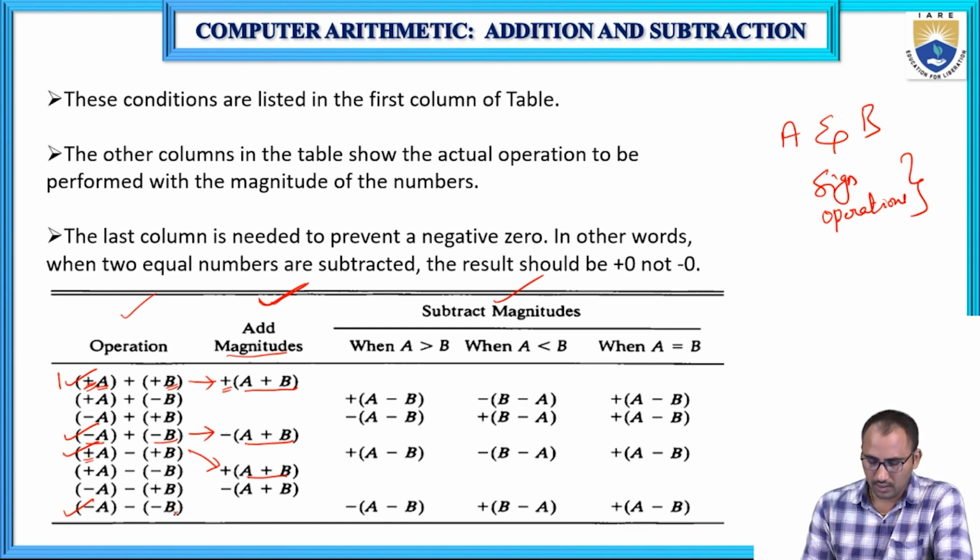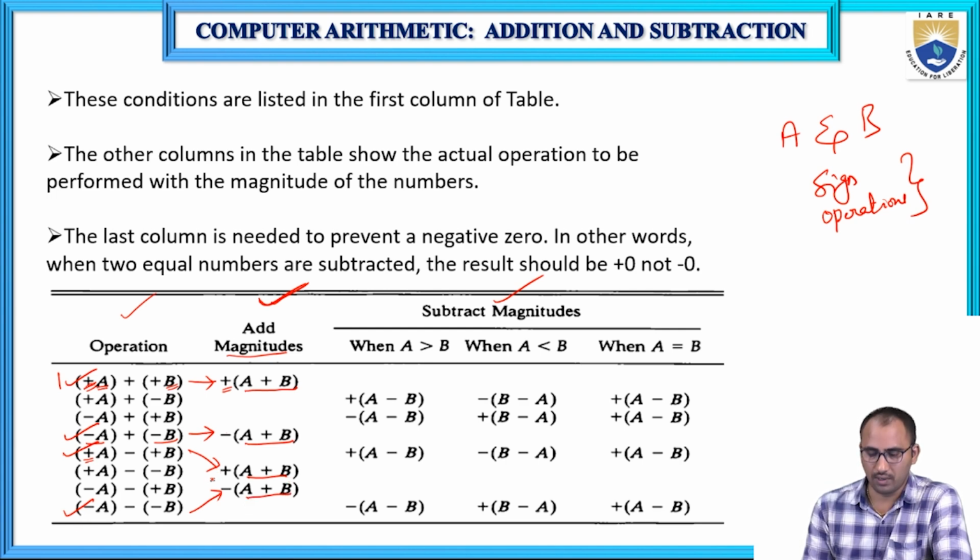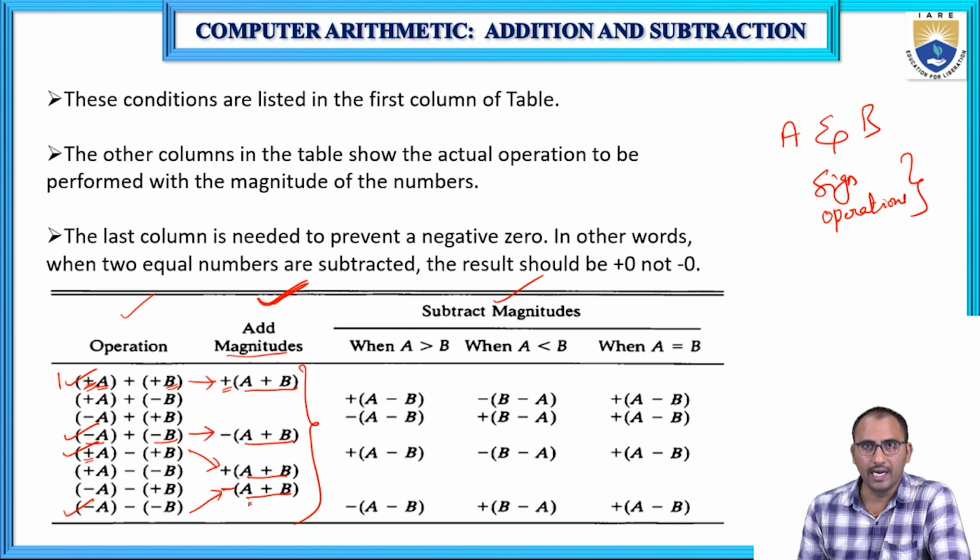And the next one, the last one, minus A minus B. In the last case also the signs of both numbers are the same. So I am adding their magnitudes A plus B and taking the sign of the first number, minus. So this is addition, and in this way we can perform the addition.